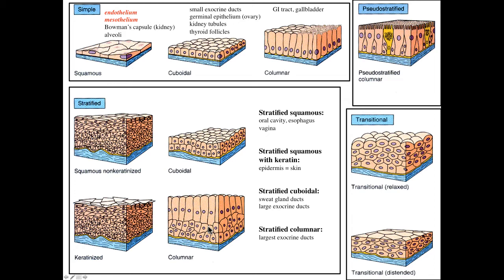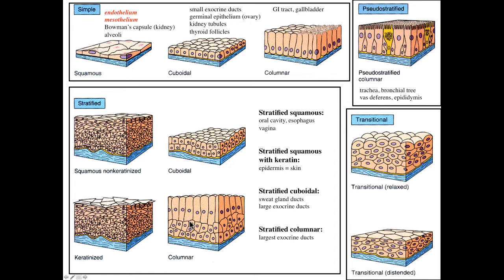So here we've got a stratified squamous epithelium, non-keratinized, as we said, like in the oral cavity, the esophagus, or the vagina. A stratified squamous epithelium, keratinized, like on the surface of the skin. And then, as we just mentioned, stratified cuboidal and stratified columnar.